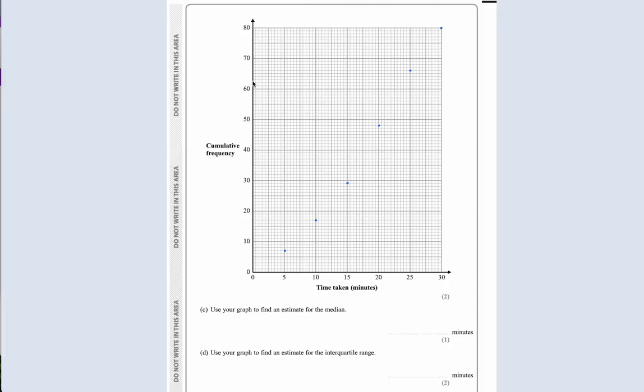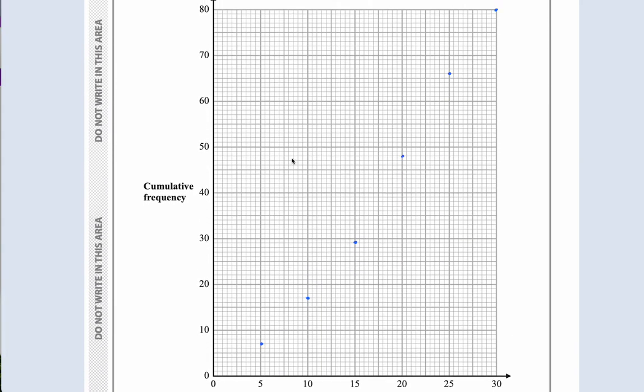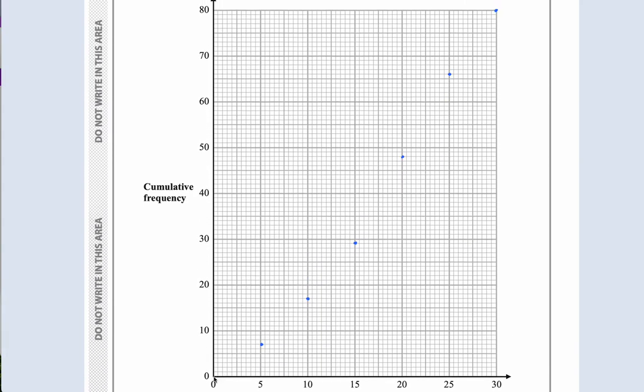So I need to join these together, and I need to start at 0, as best as I can, and guys, I'm always saying you can do better than me because I have this weird pen. Okay, that's about as good as I can draw it.